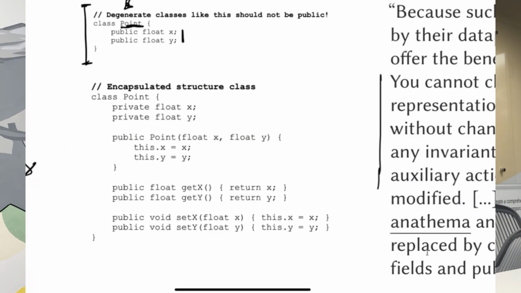These programmers believe that as long as you don't have the public modifier here and you replace it with private, and then you introduce the getters, which basically return what's inside, and that's all they do, then the problem is solved.